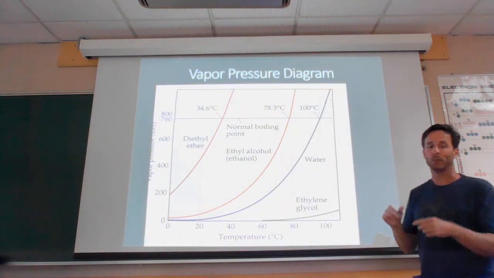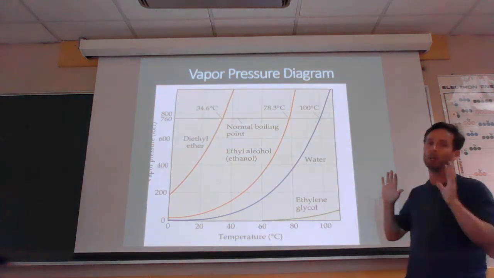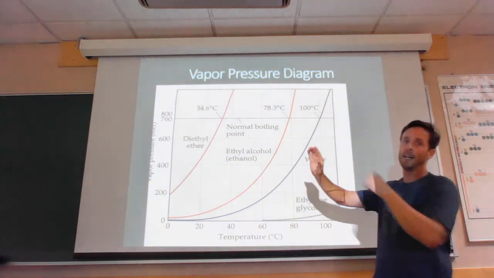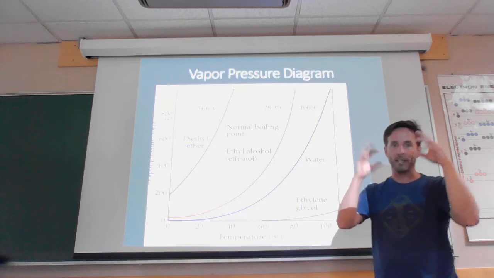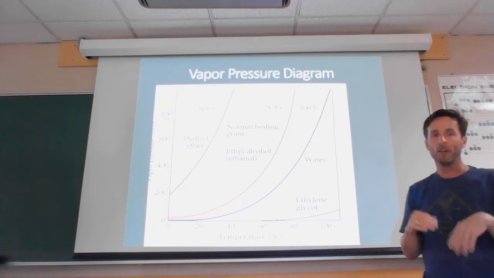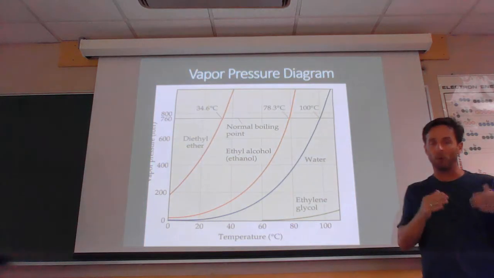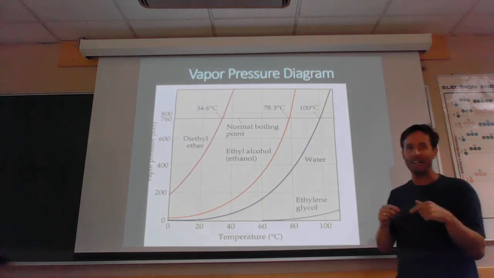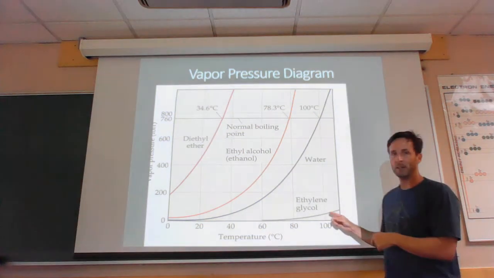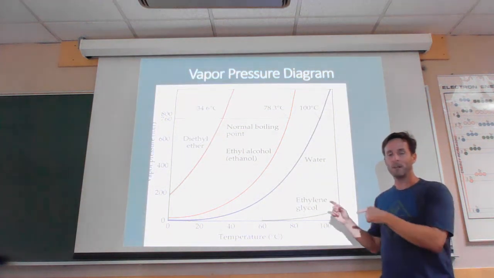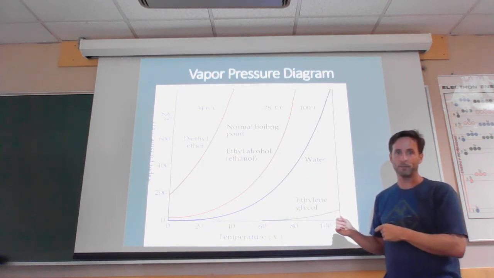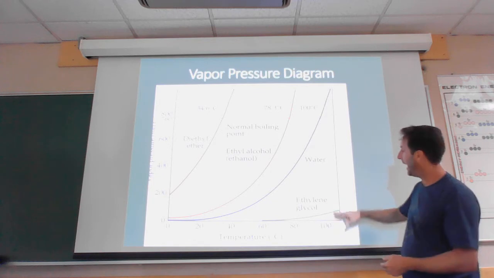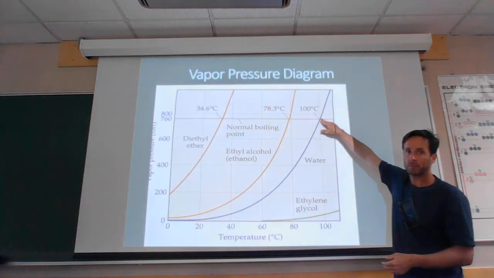Basically the molecules have enough energy to push the atmosphere out of the way, and then lots of molecules all escape at once, and that's when it starts boiling and bubbling. So the boiling point is defined to be the temperature at which the vapor pressure equals the atmospheric pressure. So for water, that happens at 100 degrees.